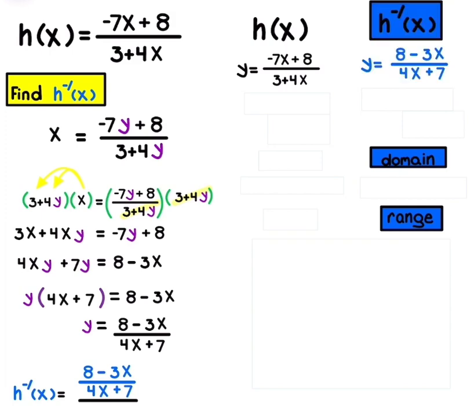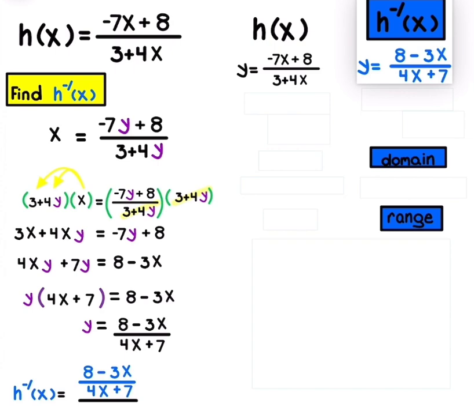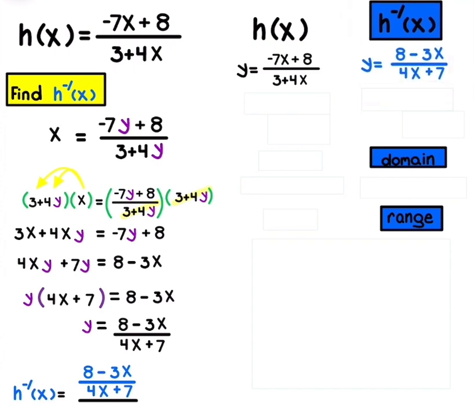Let's find the domain of h inverse. We do not want to use a number that makes us divide by 0. So to find the number that makes us divide by 0, let's set our denominator not equal to 0 and solve. So subtract 7 and divide by 4, and we find out that our x cannot be negative 7 over 4.